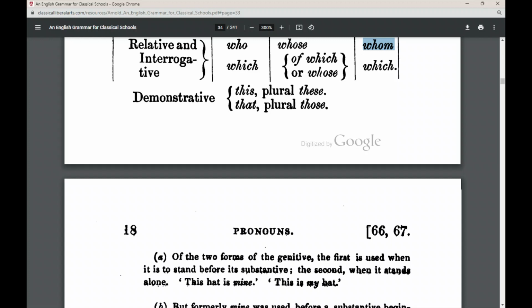In the singular number we have this, which points out something that's close to us. And we have that, which points out something that's further away from us. We say this or that. And in the plural, for this we say these, and for that we say those.